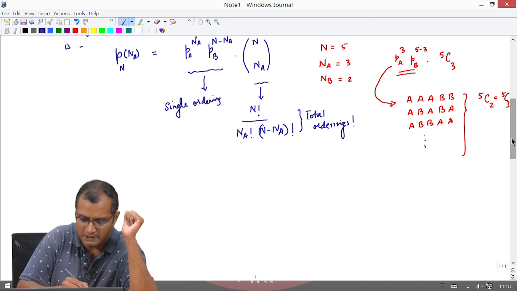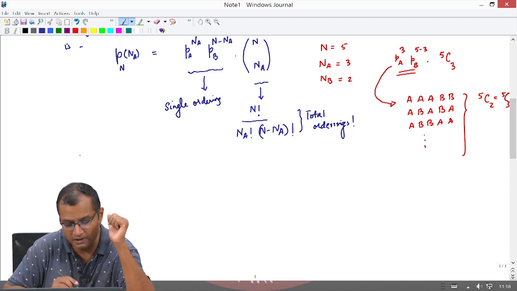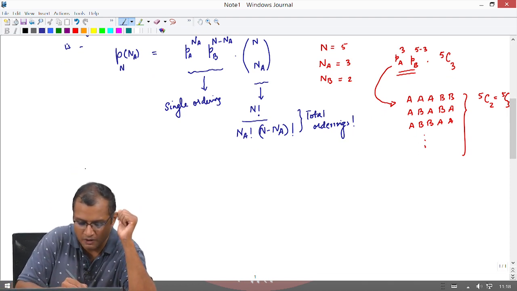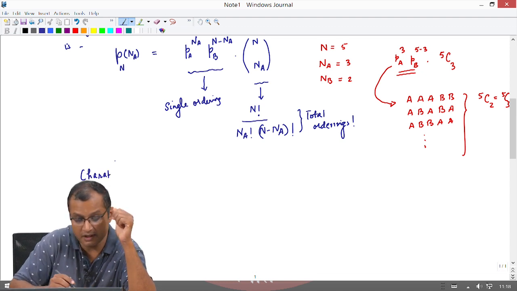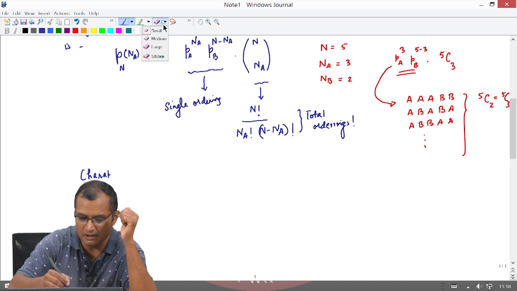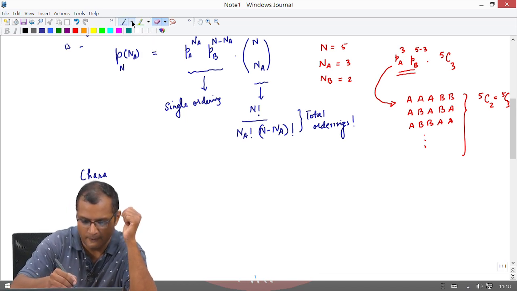Okay. So, let me straight away construct the generator of moments. As you already know, the generator of moments in our course is the characteristic function.